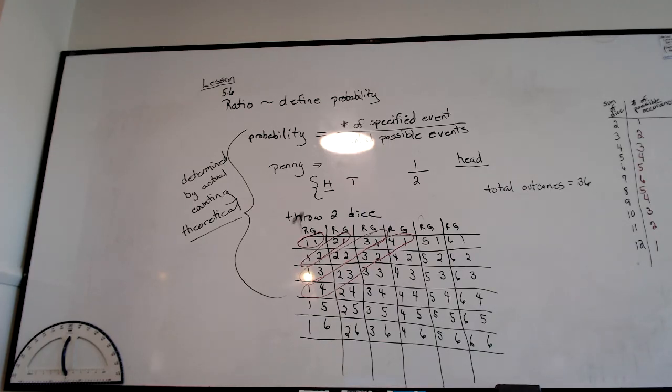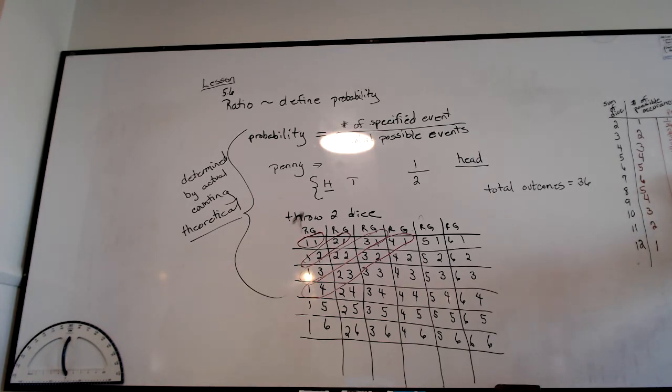Okay. So now, if we look at that, we can actually give probabilities because how many outcomes did we have altogether? 36. So our actual probability is 1 out of 36 or 2 out of 36 or 3 out of 36 or 4 out of 36 or 5 out of 36 or 6 out of 36.